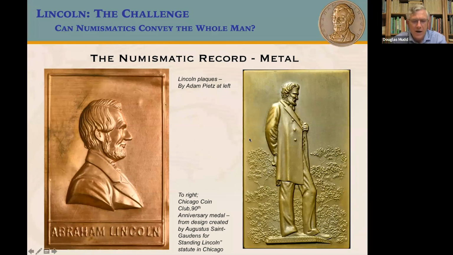On the right, you have the Chicago Coin Club 90th Anniversary Medal, which was based on a design by Augustus Saint-Gaudens for the standing Lincoln statue in Chicago. And here you have Lincoln, the thinker, the jurist, as a lawyer.